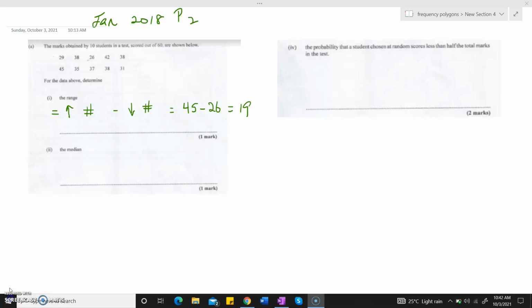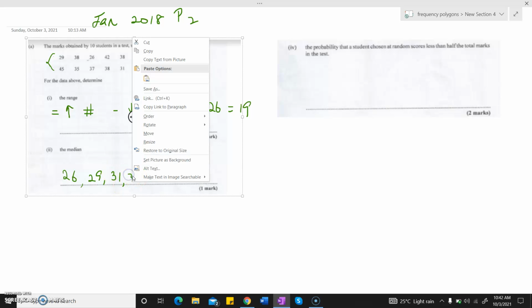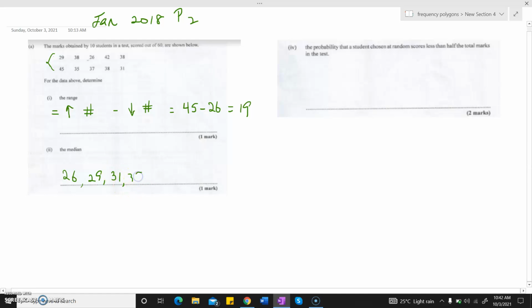Easy formula to remember. Now we're going to find the median. Remember, these are the numbers. We must rearrange them from smallest to largest, or largest to smallest. But let's do it smallest to largest. So we will get 26, 29, 31, 35, 35, 37, 38, 38, 42, and then 45.